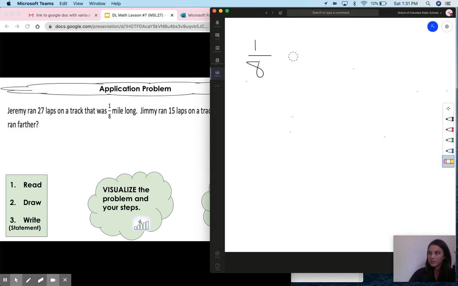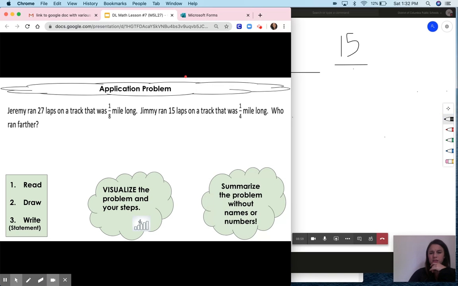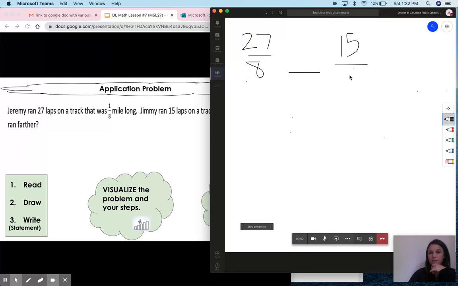That's just 1/8 plus 27 times. Okay, so actually I'm just going to erase that and say, okay, so he ran 27/8. Cool. And then the other guy, he ran 15 laps. But what was his unit fraction? 1/4. So he ran how many? Yep, 15/4.